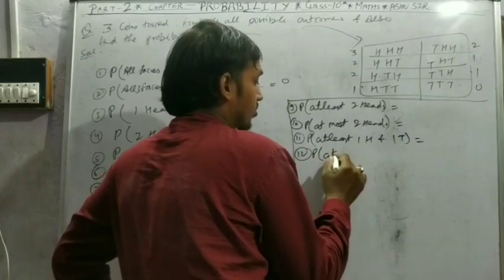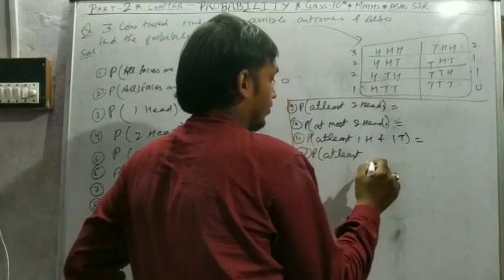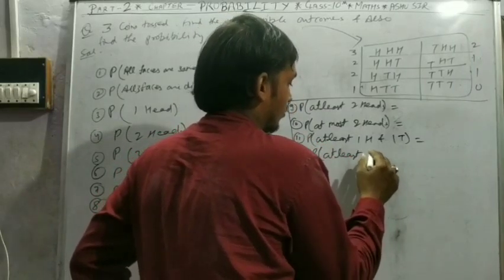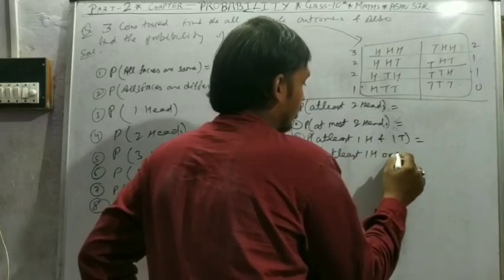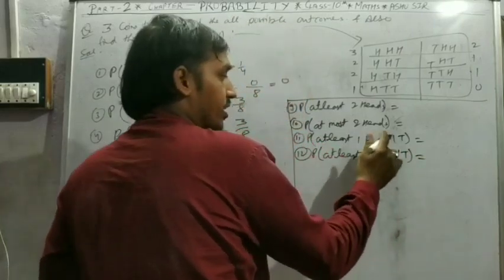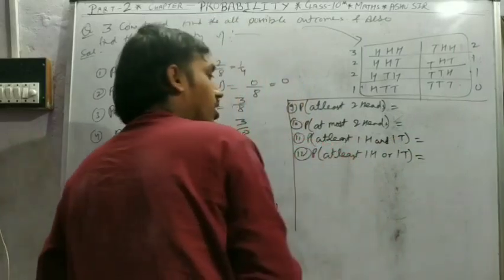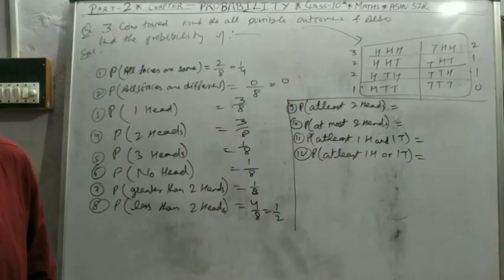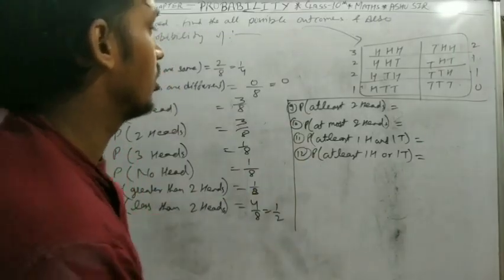Probability of at least 1 head or 1 tail. These are two different things. Here we have to use "and" and here use "or". Okay, so first we discuss these three.